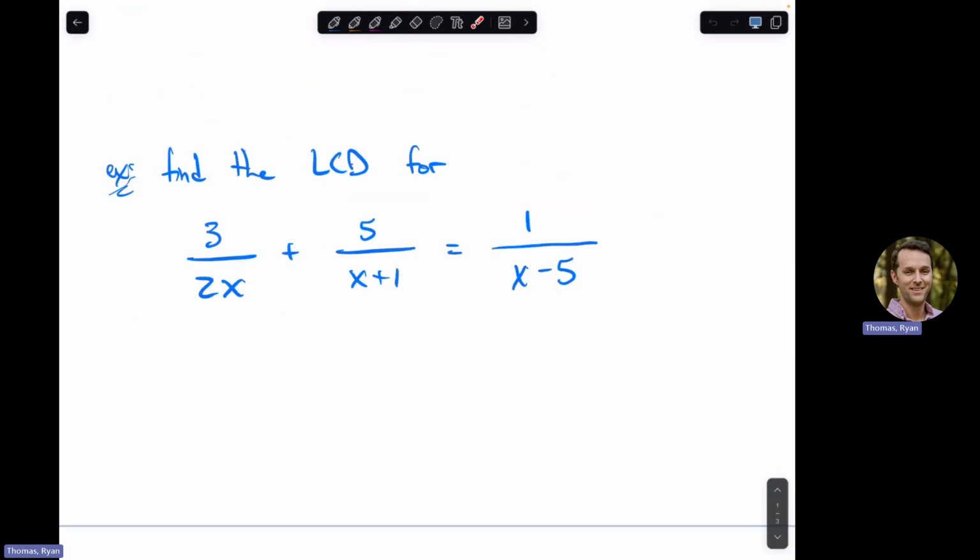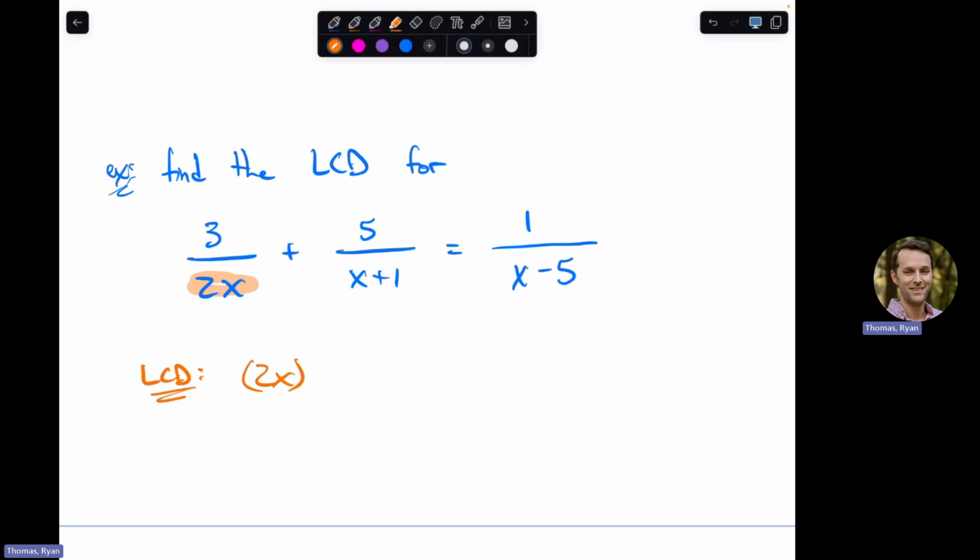So what's the least common denominator for these then? It's got to have a 2x, because one of the denominators has a factor of 2x. What else does it need to have? An x plus 1, because one of the denominators has a factor that looks like x plus 1.